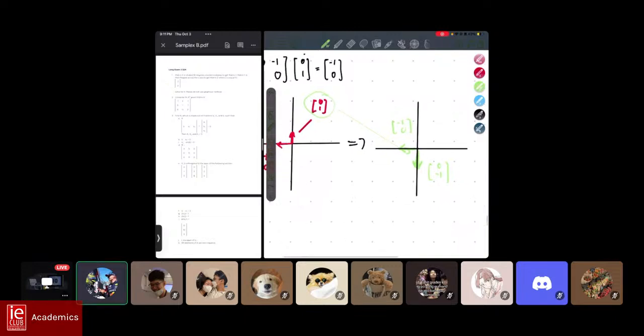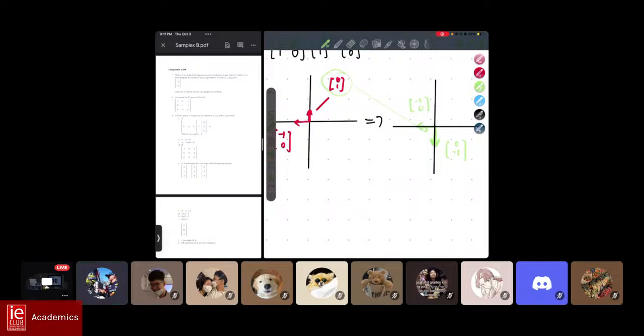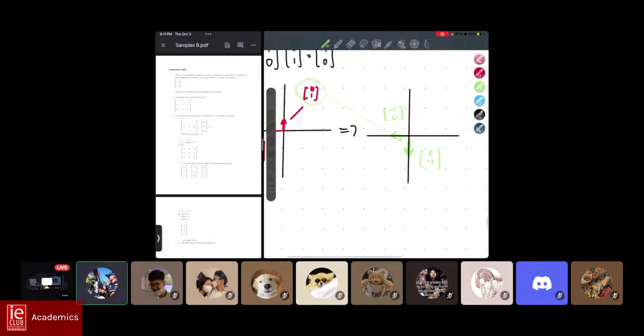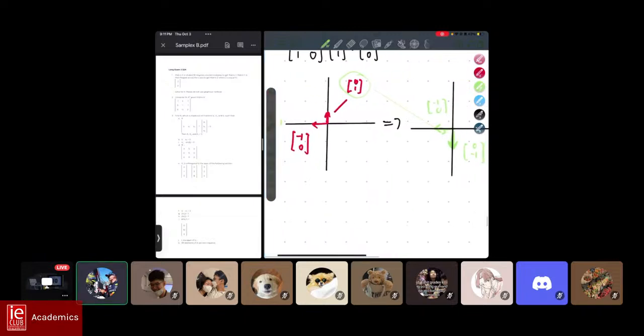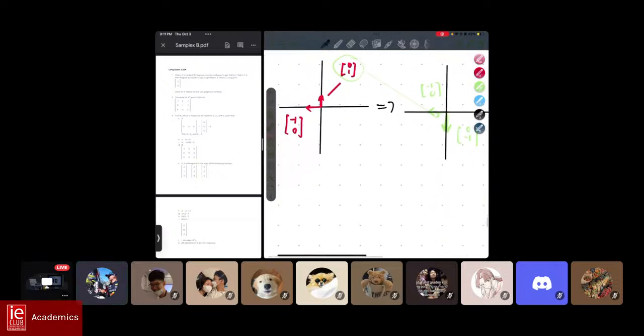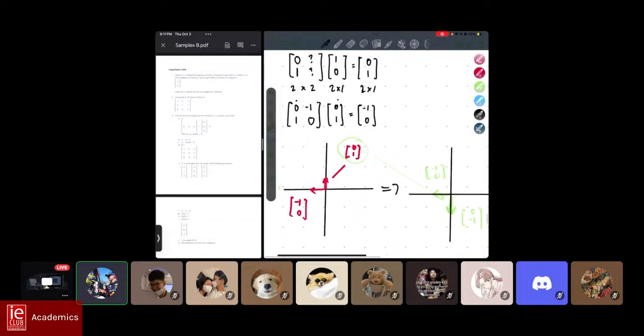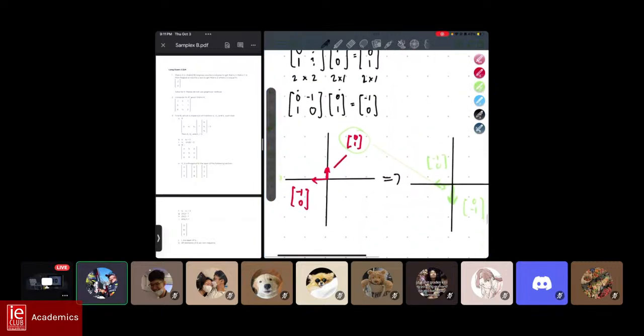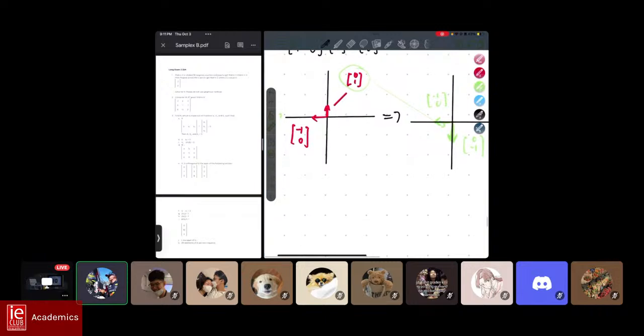Kasi, flip mo lang siya along the x-axis. So, along this axis. ES1 moment. Ito yung parang line of reflection or whatever. Sorry. Hindi ko na maalala. So, we do the same thing here. Hanapin natin yung kailangan na matrix para ma-transform to.